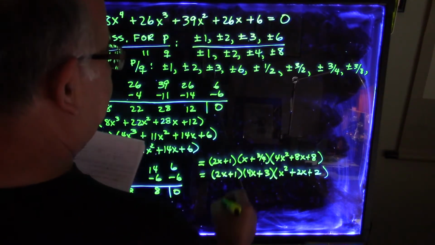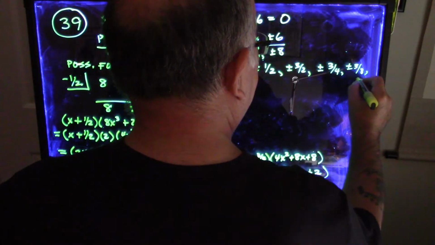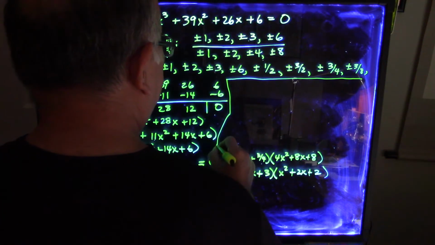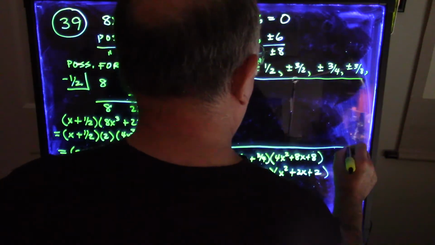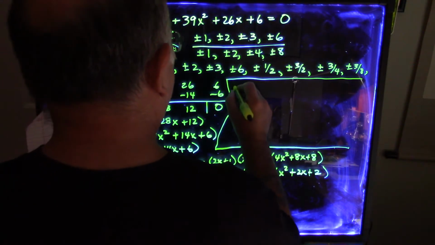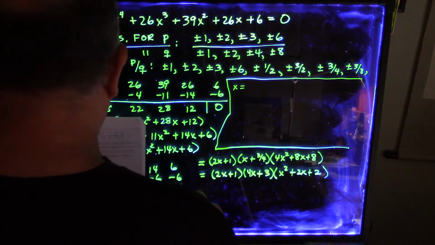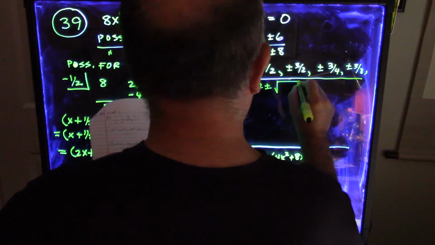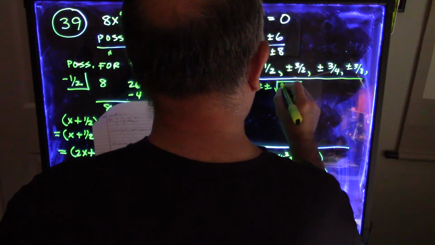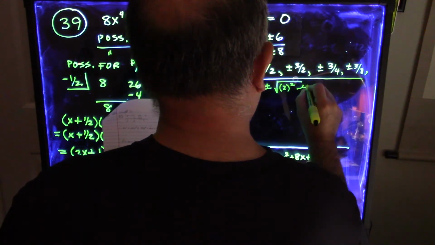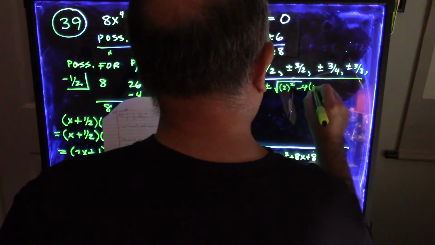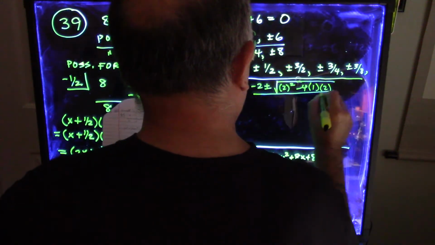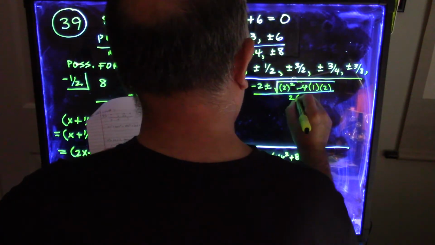So to avoid having to erase, let me try to do it up in this little area here. Separate it off. Alright, so x, using the quadratic formula, x equals negative 2 plus or minus the square root of 2 squared minus 4 times 1 times 2 all over 2 times 1.